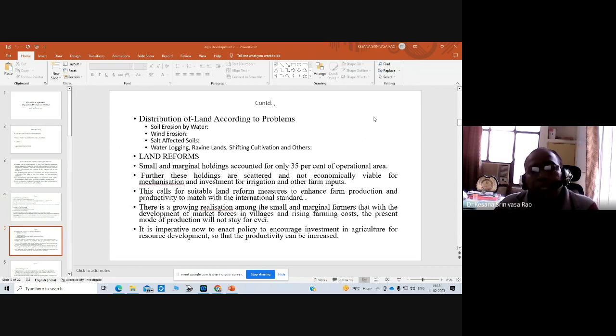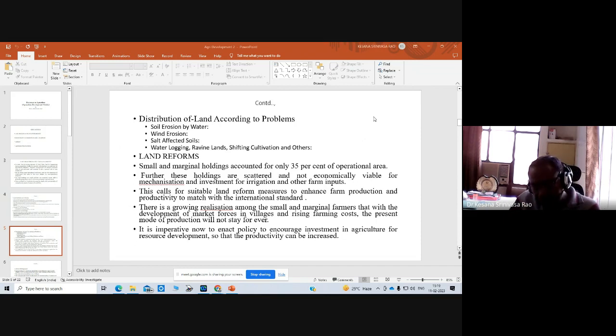And shifting cultivation. Shifting cultivation basically, whenever this can be implemented, the land reclamation, the land fertility can be rejuvenated whenever you shift the cultivation. Because if you are cultivating the same type of crop continuously, then the yield is likely to decline.